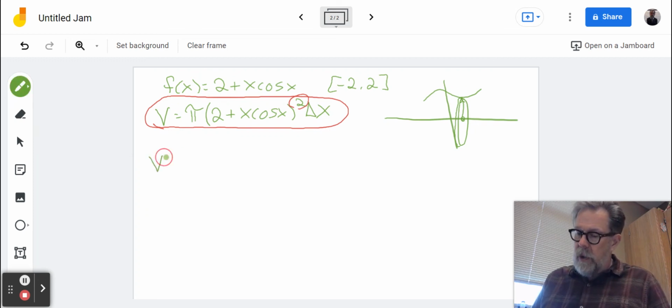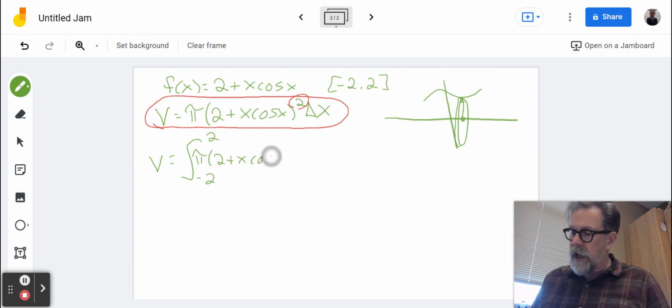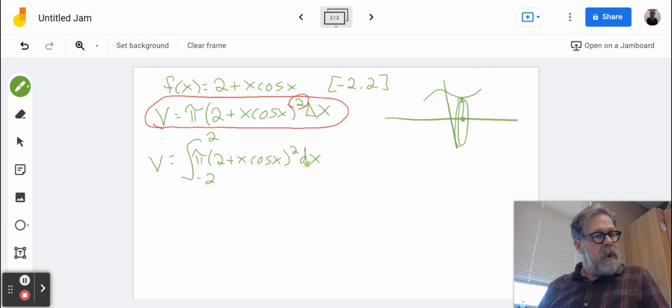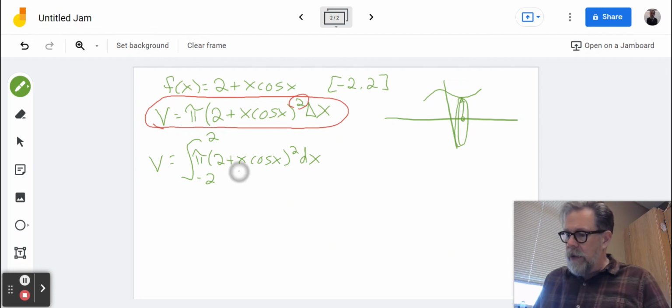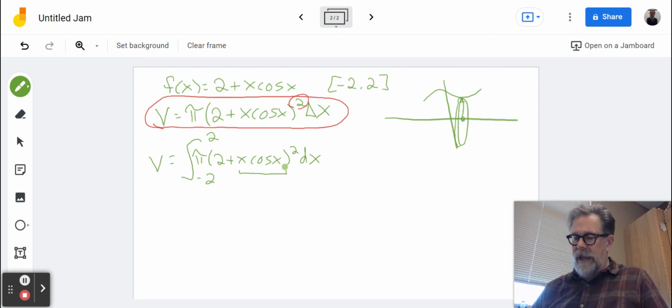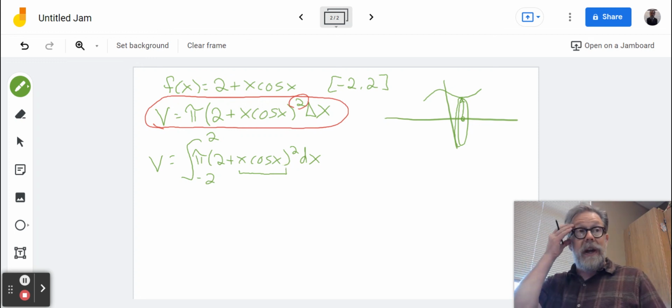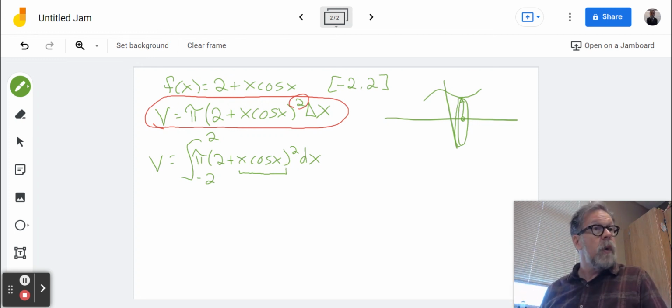So continuing, we've got the integral from -2 to 2 of pi times (2 plus x cosine of x) squared dx. Honestly, in this one case, we don't know a way to find the antiderivative of x cosine of x, let alone plugging it inside of a square.